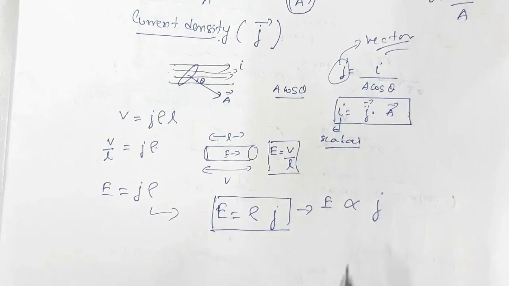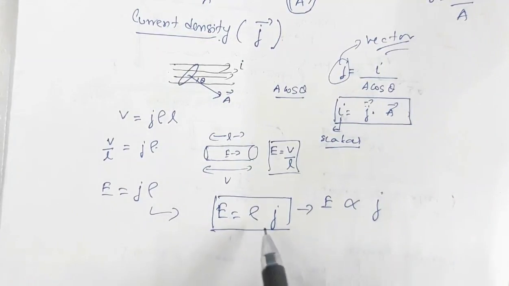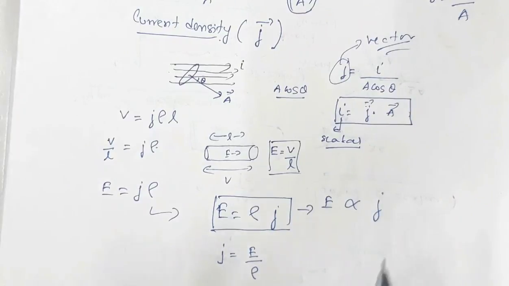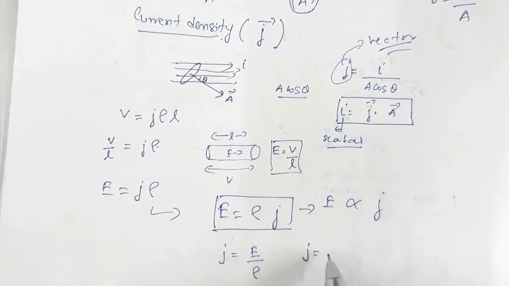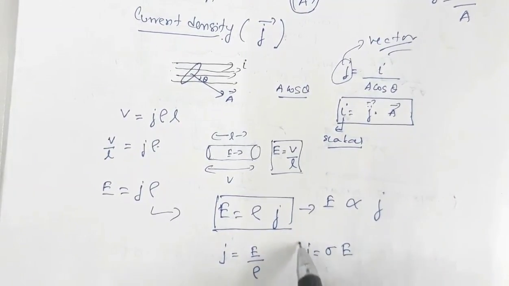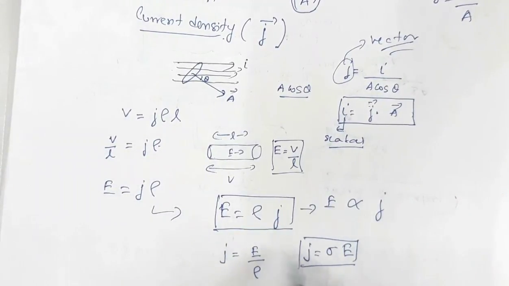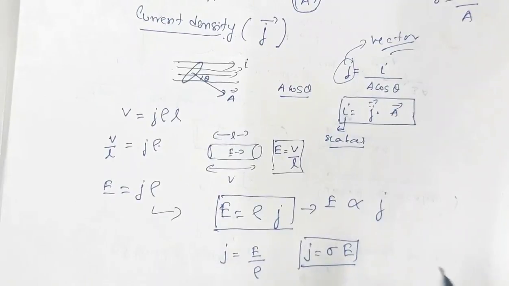This can also be written as J is equal to E by rho. Now 1 by rho, the reciprocal of resistivity, is conductivity, so J is equal to sigma into E. These are the two alternate forms of Ohm's law, in addition to the normal form V is equal to Ri.